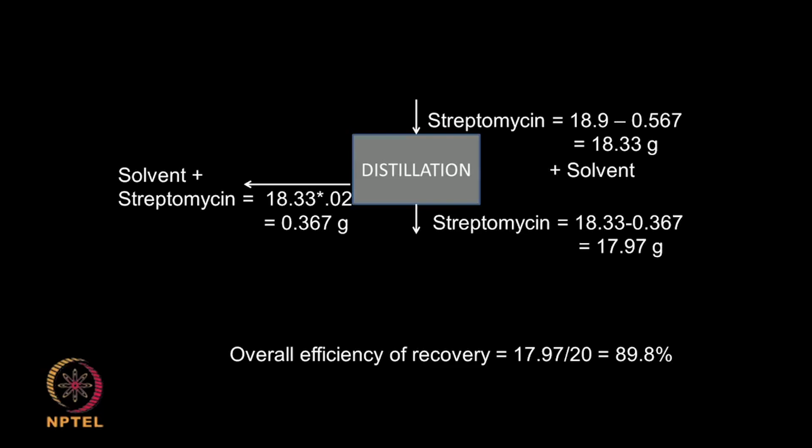I can also determine how much will be the overall efficiency of recovery, that is very, very important, because as a manufacturing scientist I would like to enhance my overall efficiency, reach as much as possible towards 100, because the higher the efficiency, the higher will be the product recovery, and I will be able to achieve better profit in the entire process actually.